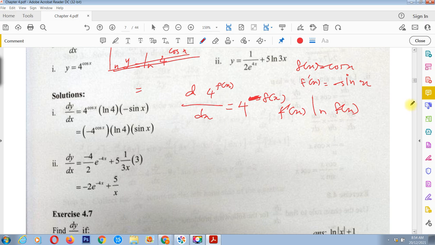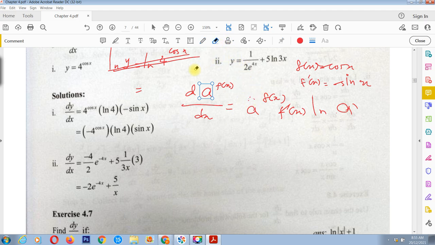This is ln a, so ln 5. I just put the formula first, so we don't confuse a. This is our formula.